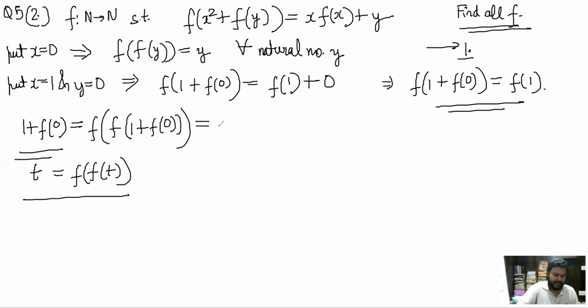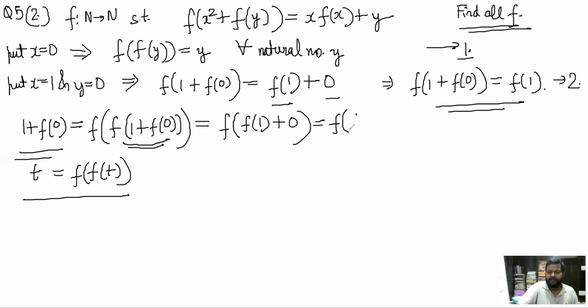Now this becomes, I know that f of 1 plus f of 0 is equal to f of 1 plus 0 from property number 2, right? So this becomes f of 1 plus 0. Great. So that becomes simply f of 1, and that is equal to 1, right?